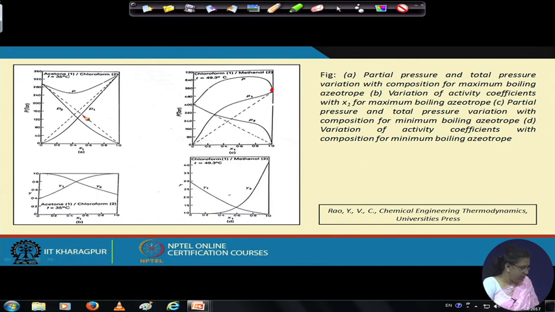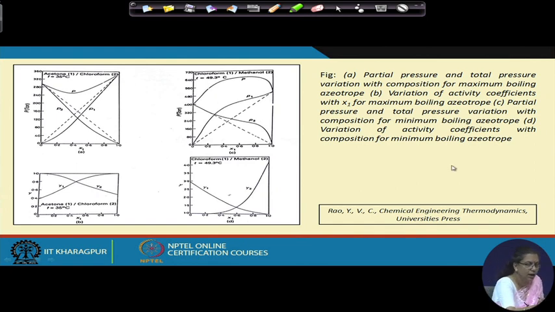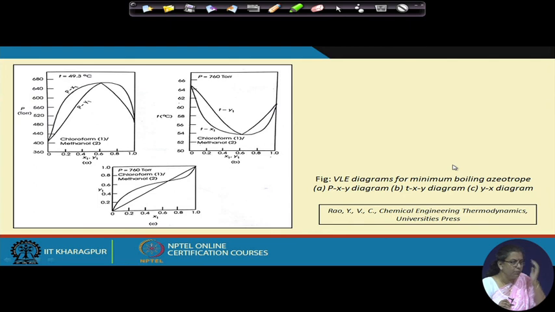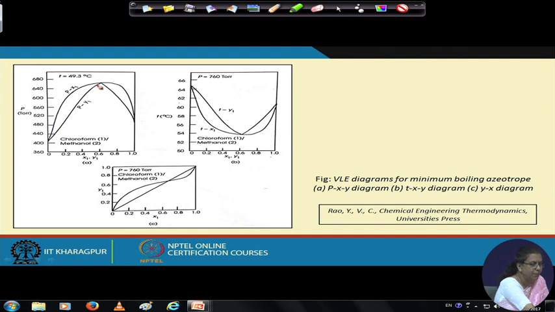Accordingly we find that for positive deviation we have a minimum boiling azeotrope, and at this particular condition there is a maximum in the pressure curve, the boiling point is much less as compared to the boiling point of the pure components, and the equilibrium curve coincides with the diagonal line, as a result of which x equals y under this condition.